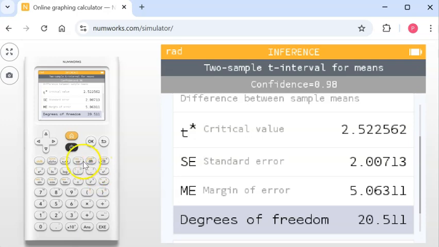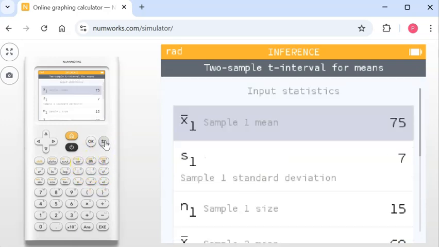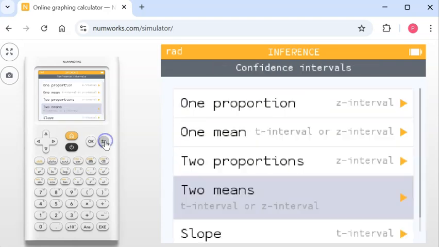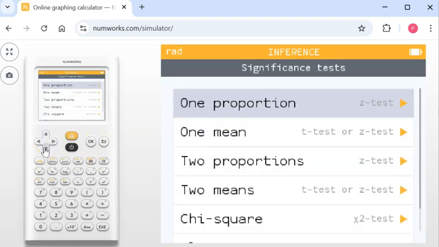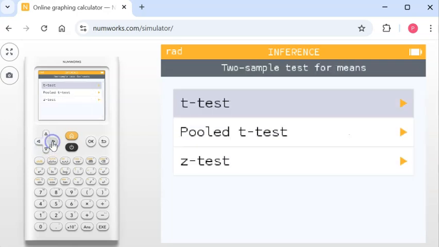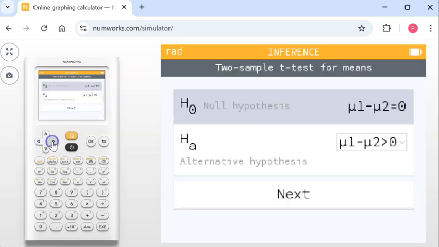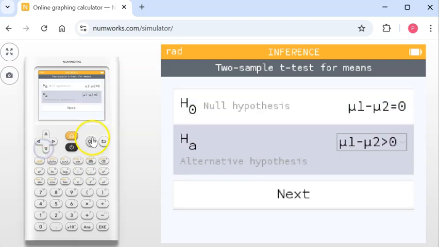Now we're going to see how we're going to identify the t statistic by going into tests. If we go into tests, again, we're going to go down to 2 means. And again, we're going to choose t-test. Now, we have to select our hypothesis, okay? This is our alternative hypothesis.